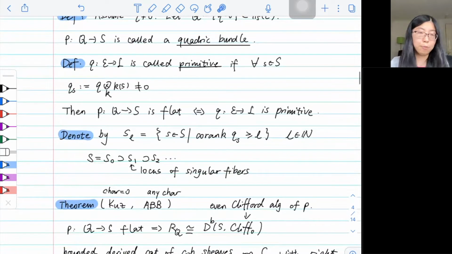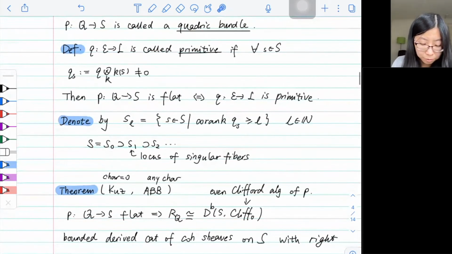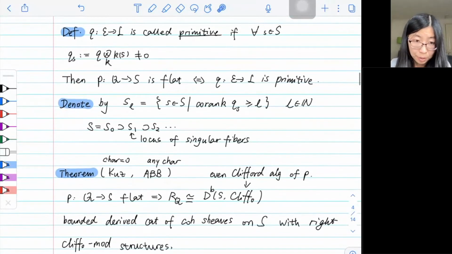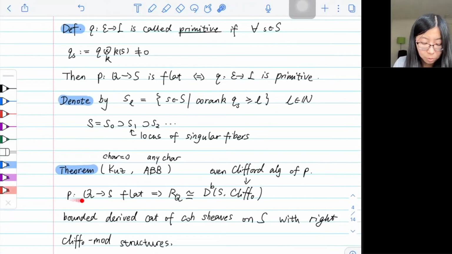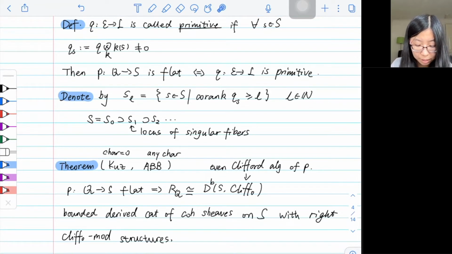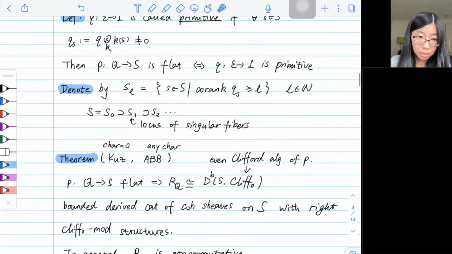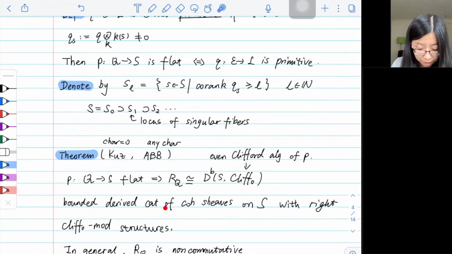So then in this family situation, the same references I just mentioned before also tell you what the residual category is. If your quadratic bundle is flat, then we know this residual category is equivalent to some non-commutative derived category over S. This is the bounded derived category of coherent sheaves with some extra structure.